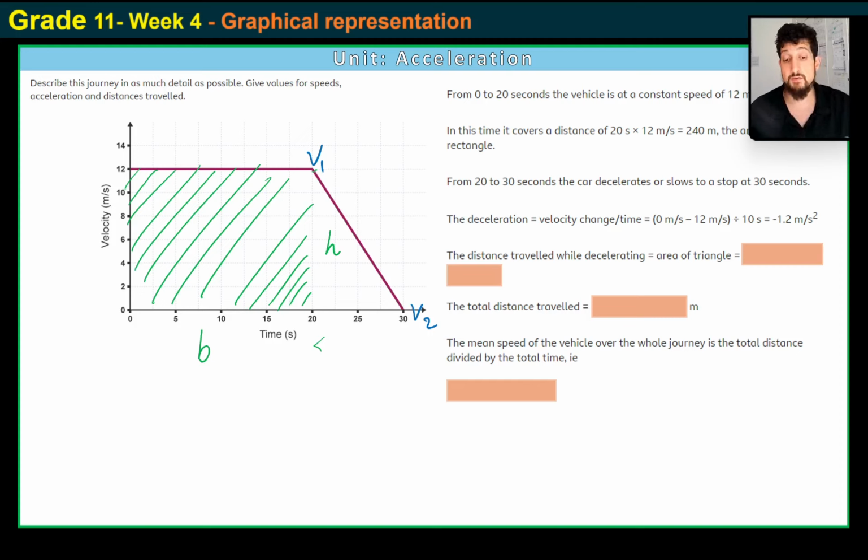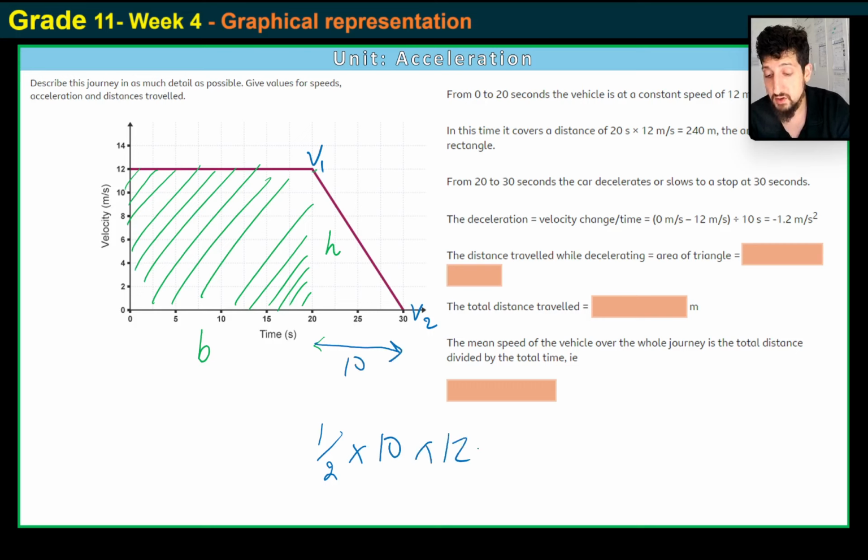Whatever you have, you use. So it's going to be half times 10, because the base equals 10, multiplied by the height, which is 12. So it equals 60 meters.